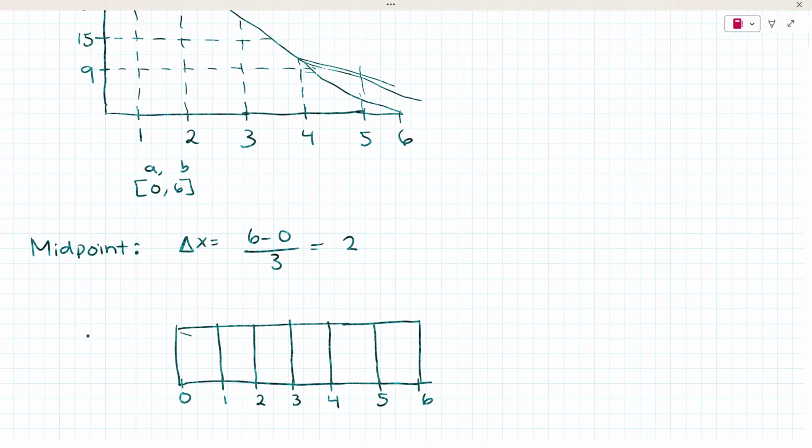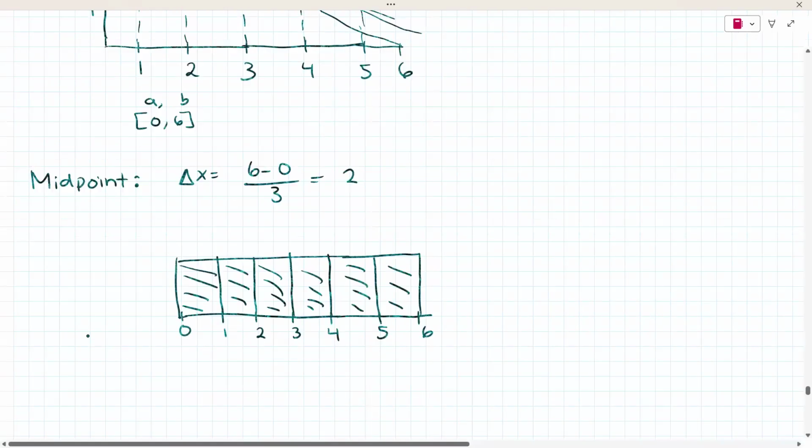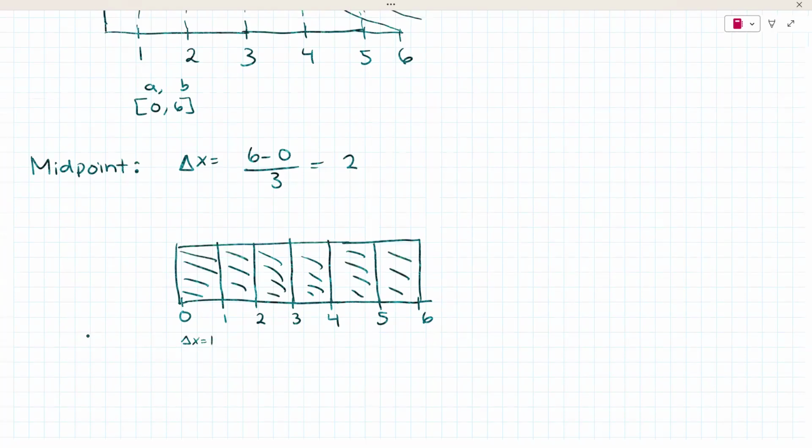Okay, so we're going to draw a rectangle here. Since they all go from 0 to 1, 1 to 2, 2 to 3, they all have a constant width of 1, right? 3 to 4 is 1, 4 to 5 is 1, 5 to 6 is 1. So that means we could factor out a 2.